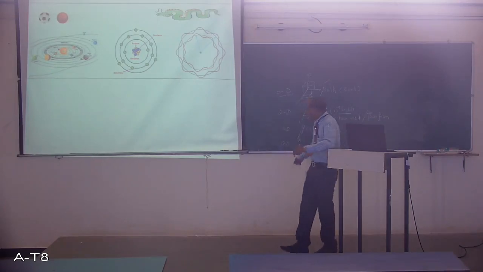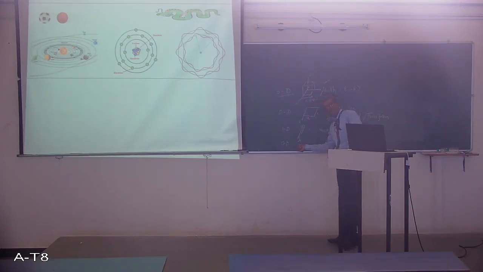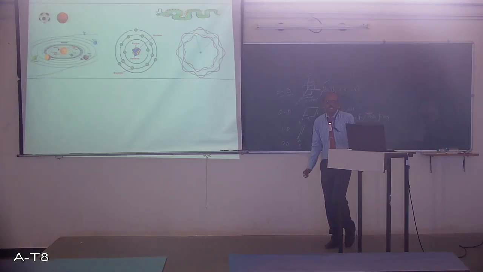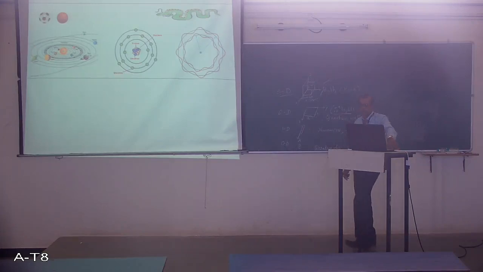But here we are discussing nanoparticles. The size of that particle is very, very small, of the order of 10 to the power minus 9. Those particles we can't see with the naked eye, so we have to apply quantum mechanics.